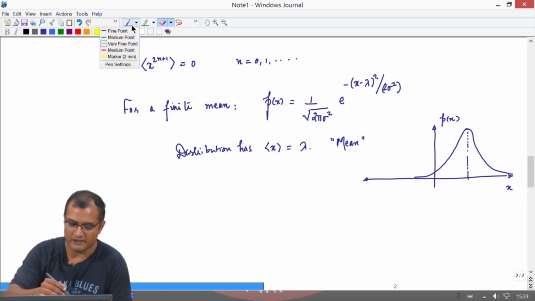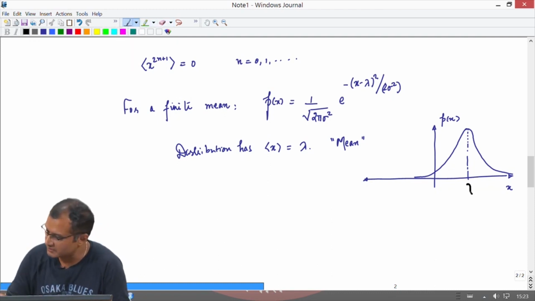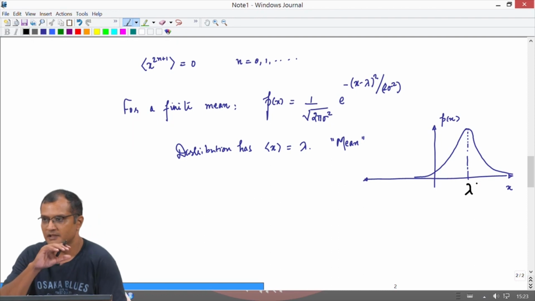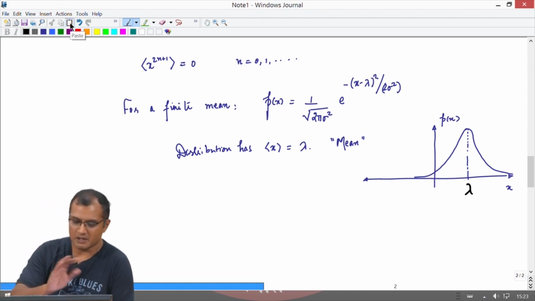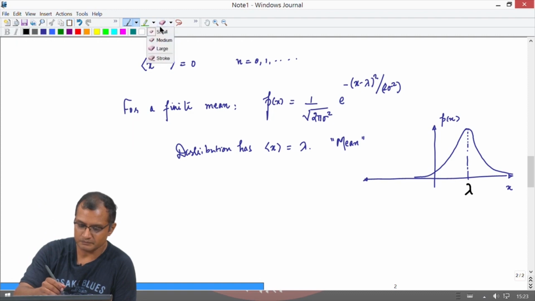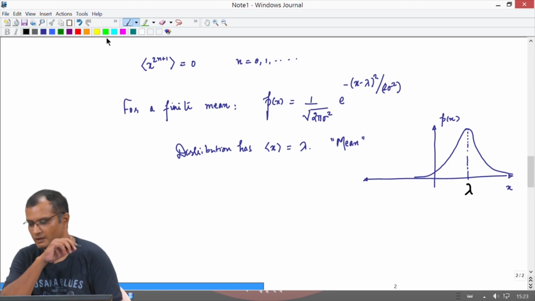Okay. So, if lambda is 0, this would be a Gaussian centered at the origin. Otherwise, this would be a Gaussian that is shifted from the origin. Okay.